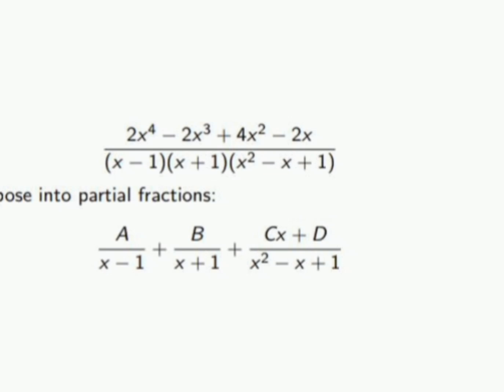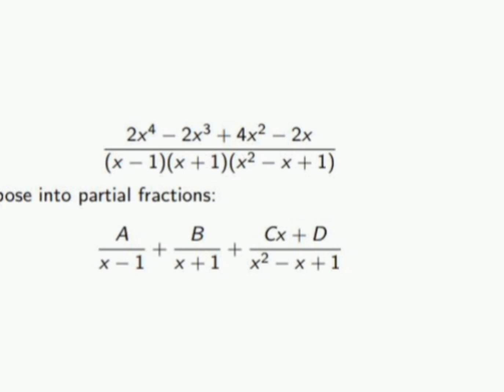You can even decide to change all of these variables to P, Q, R, and so on. So this is how to split the partial fraction first. Now, secondly, you notice that the numerator of this partial fraction has a degree of 4.